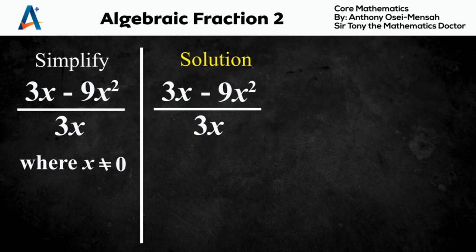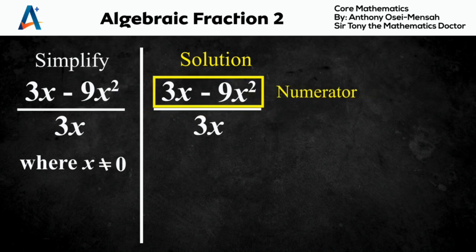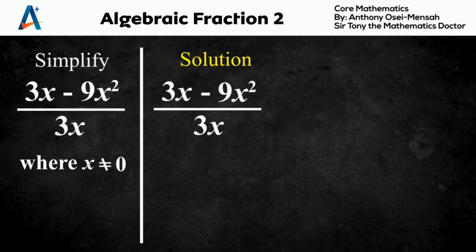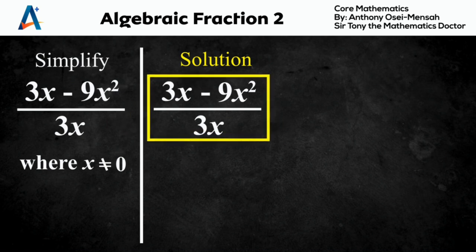To do this, let's first of all consider the nature of the expression at the numerator and also the one at the denominator. There is a key thing to consider when you're about to simplify an algebraic fraction. Now, this algebraic fraction is a single term. That is to say, it is just one entire fraction that we see right now.